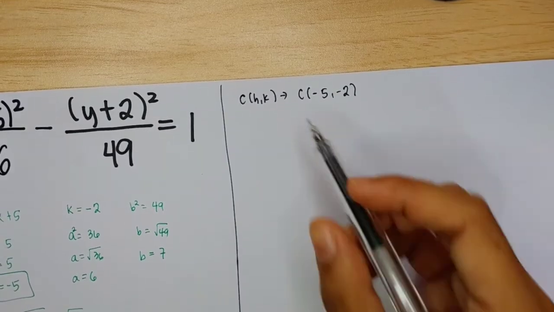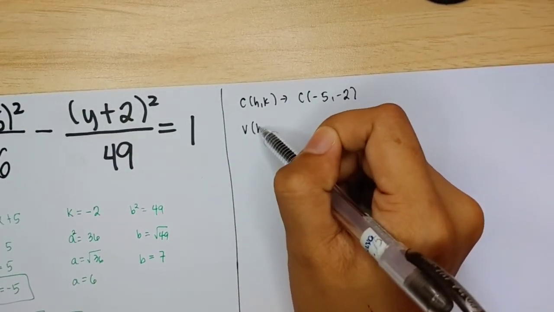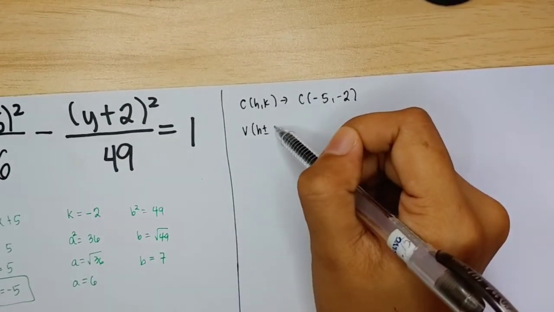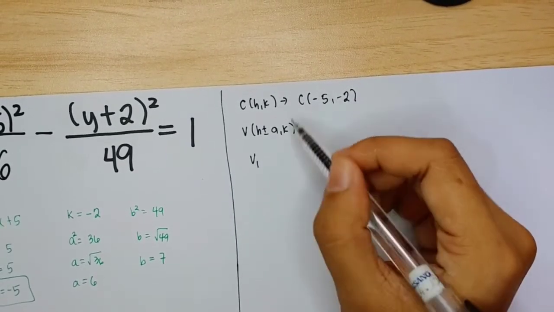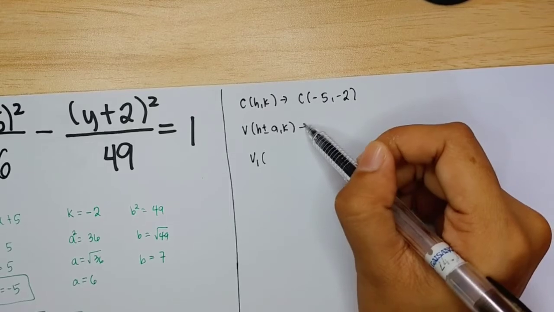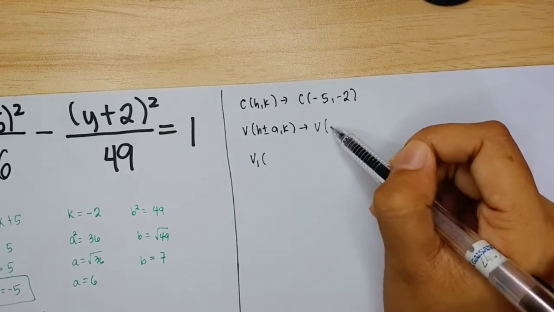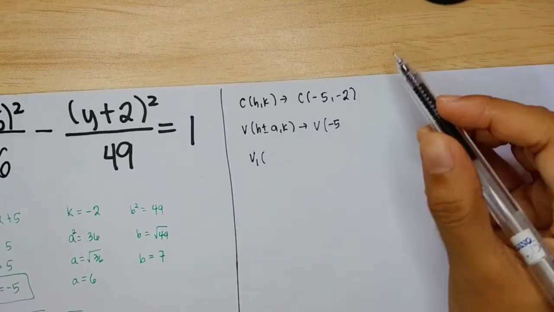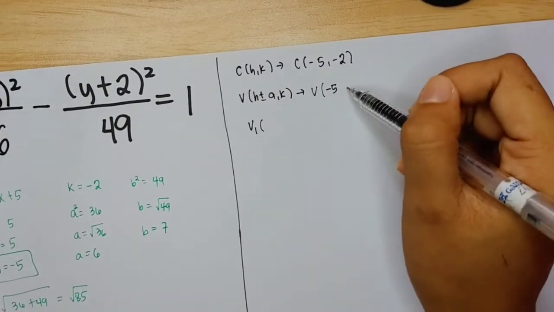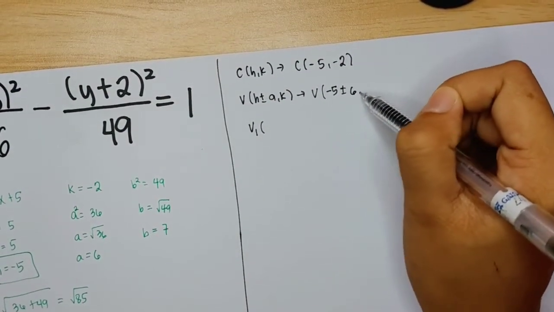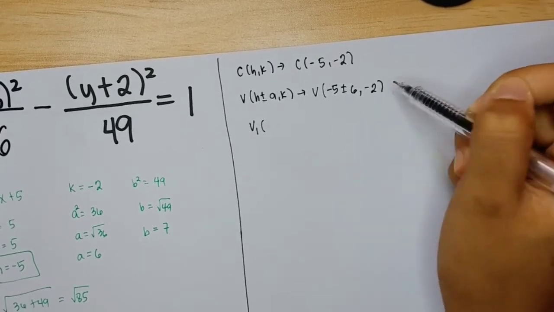And we have here our vertex, that is H plus minus A, comma K. So, yung vertex natin is V, negative 5. Yung A natin is 6. So, we have here plus minus 6, comma negative 2.